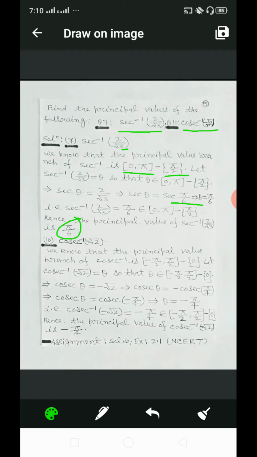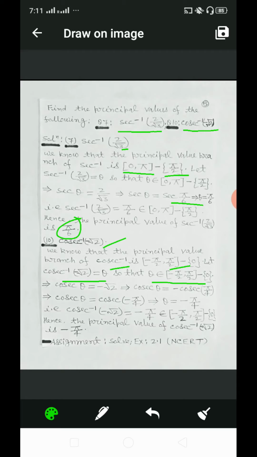Now find the principal value of cosec inverse minus root 2. Dear students, we know that the principal value branch of cosec inverse is the closed interval minus pi by 2 to pi by 2 minus 0. Let cosec inverse minus root 2 equal theta, so that theta belongs to minus pi by 2 to pi by 2 minus 0. This implies that cosec theta is equal to minus root 2, which implies that cosec theta is equal to minus cosec pi by 4.